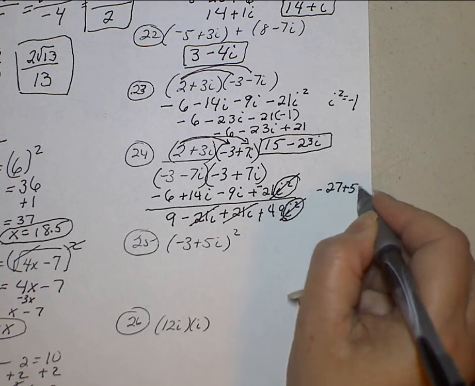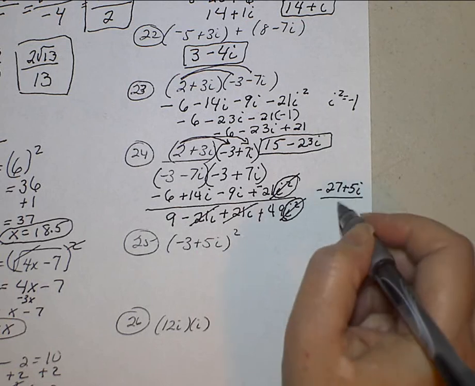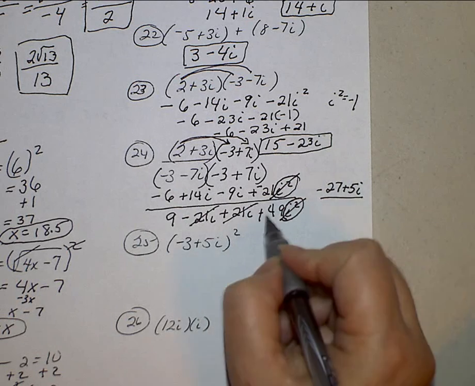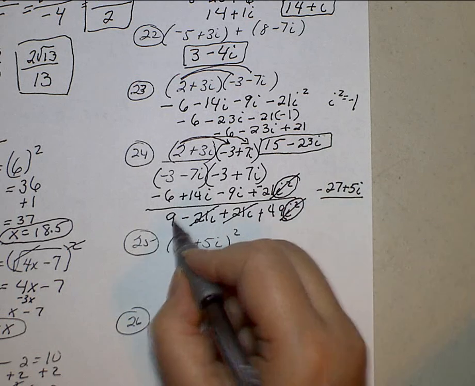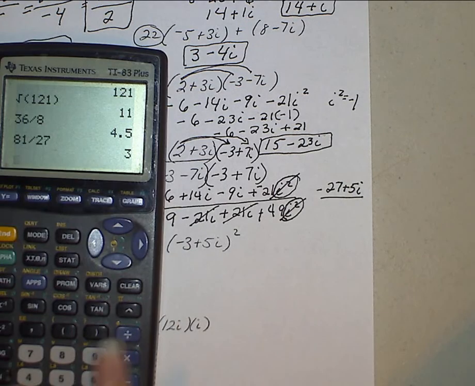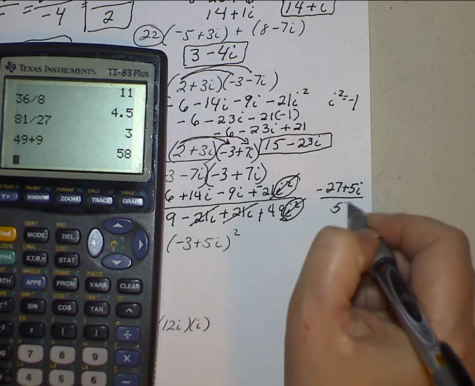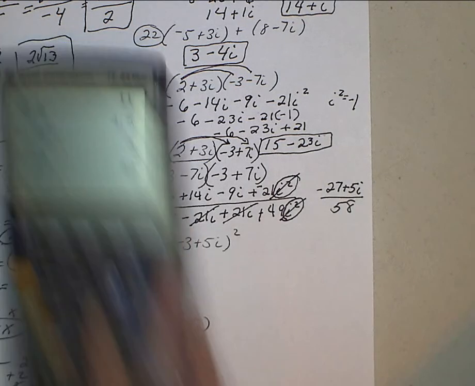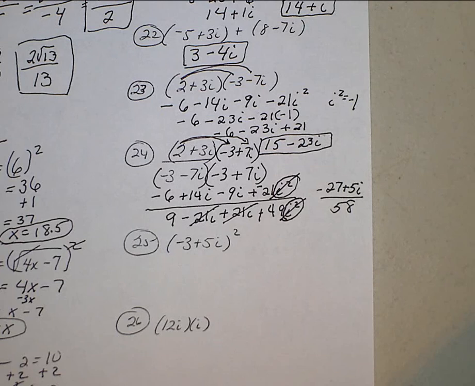I didn't finish this up on my key. So then 49 and 9, 49 plus 9 gives me a 58. Alright, and that would be our answer.